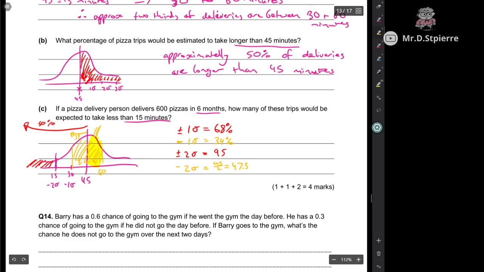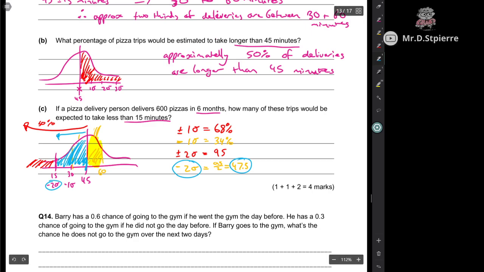So 47.5% exists in the negative 2 standard deviations. Where is that zone? That is going from here to here, from the mean down to 2 standard deviations. That blue zone is equal to 47.5%.